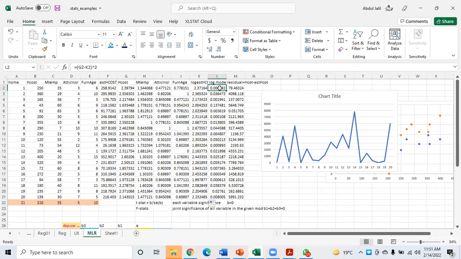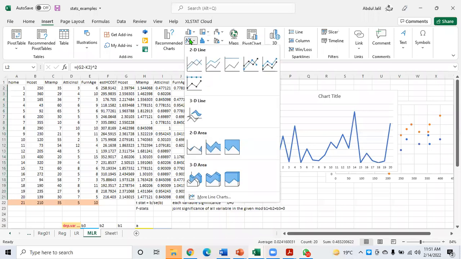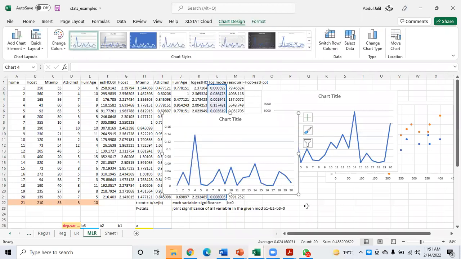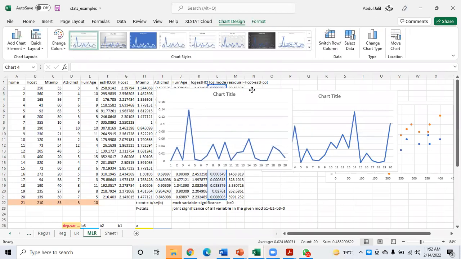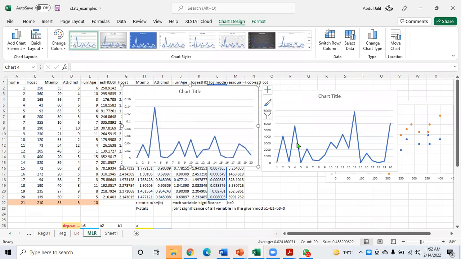So these are showing the log residuals. I'm just going to take the values, already calculated because formulas are added. I'm going to take the graph of this data set and insert the line graph, and now you can observe the variation. It is the actual variation in the original model without taking log, at level.